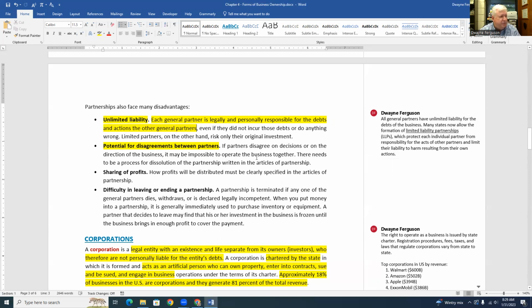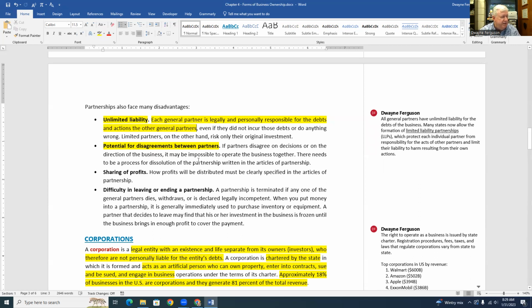Potential for disagreements between the partners. This is a big one. If your partner just all of a sudden decides not to come to work for a week, or you find out your partner's in Cabo or somewhere, a person could just not live up to the expectations of the other partner. You may want to go a different direction with the company, and you can't get the other partner or partners to agree with that.